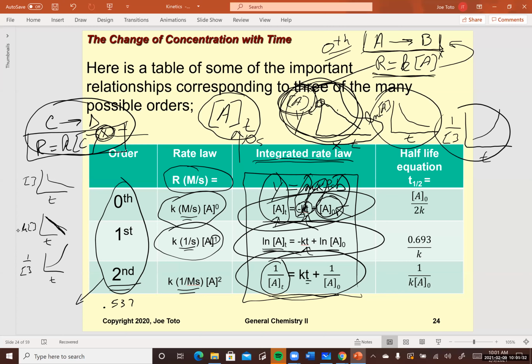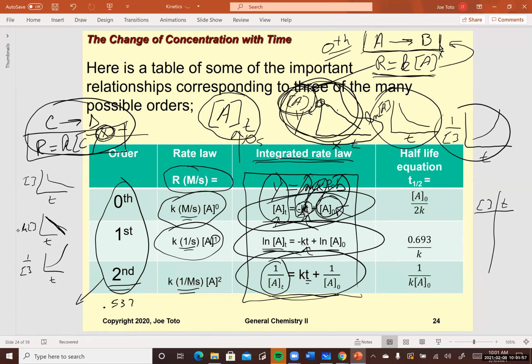part of the online activity for your lab, that first one, you have to determine the order of some reaction given data. And the data that you're given is just the concentration and time, right?